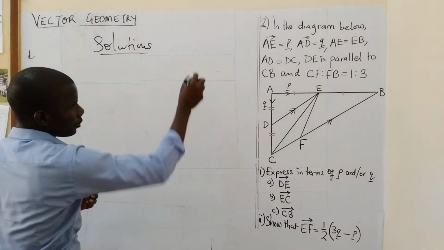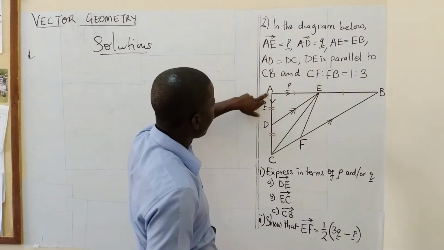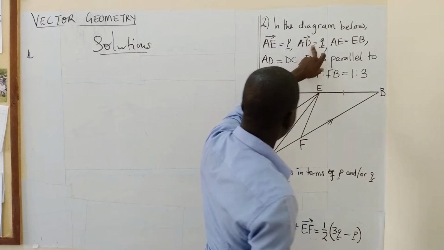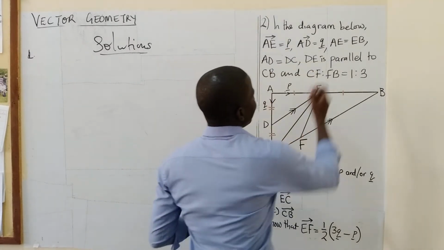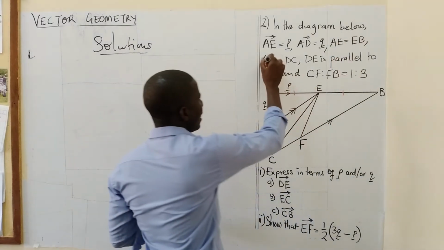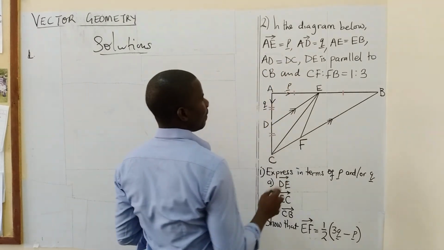We are looking at the solutions of, in the diagram below, AE is equal to P, AD is equal to Q, and AE is equal to EB. Then AD is also equal to DC.